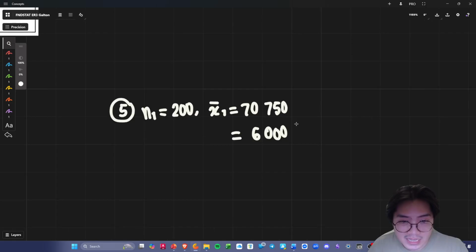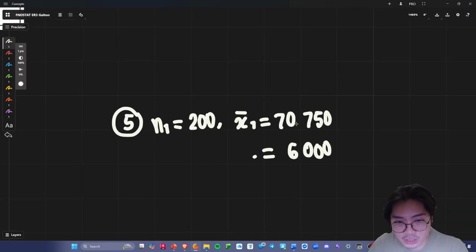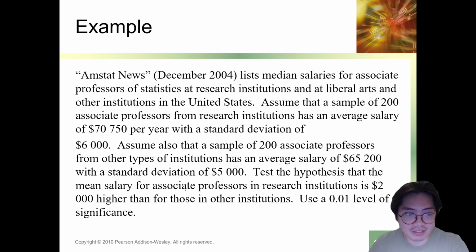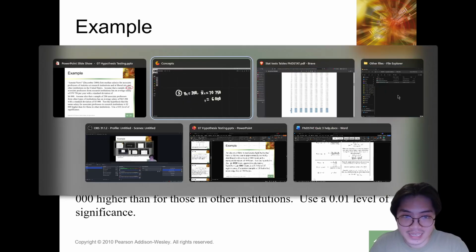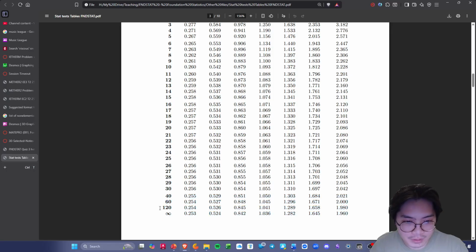Now notice what kind of standard deviation this is. I am inclined to say that this is an S. At the same time, look at your sample: it's 200, and notice that the T table goes up to 120.